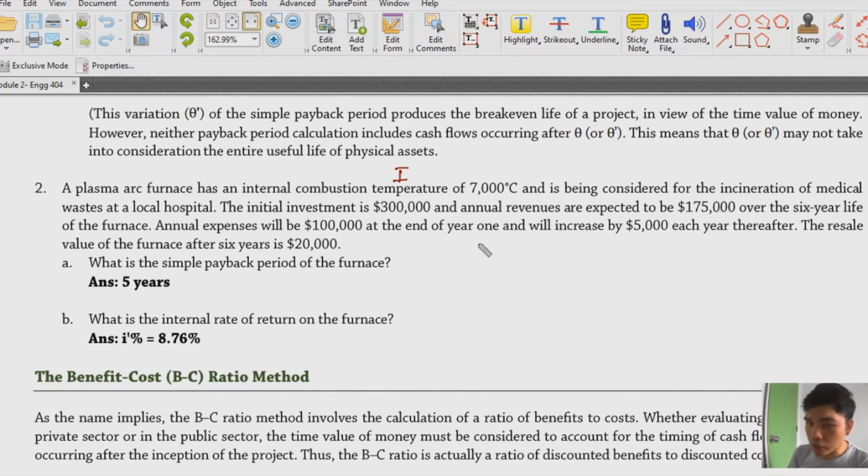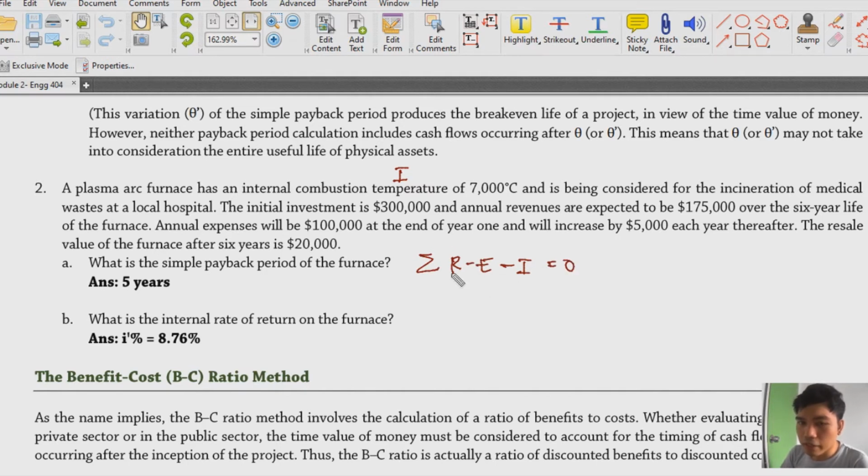Now, as you can see, if you're drawing the cash flow diagram, the expenses are actually a gradient type, right? So what I'll be doing is I'll first take R minus E using 100,000, and let's just leave the 5,000 for later. Isn't that our formula? A summation that is equal to 0.